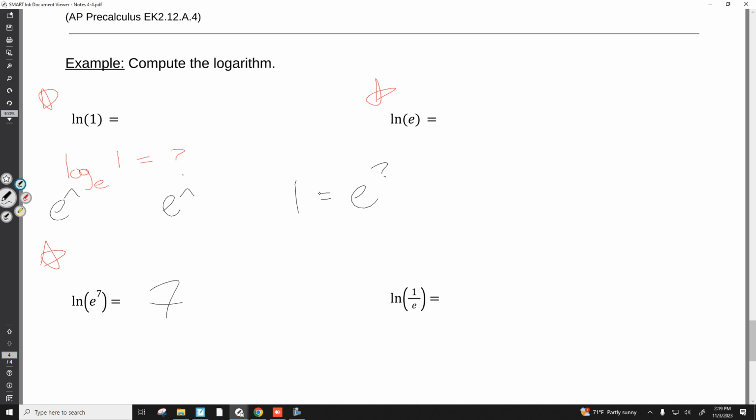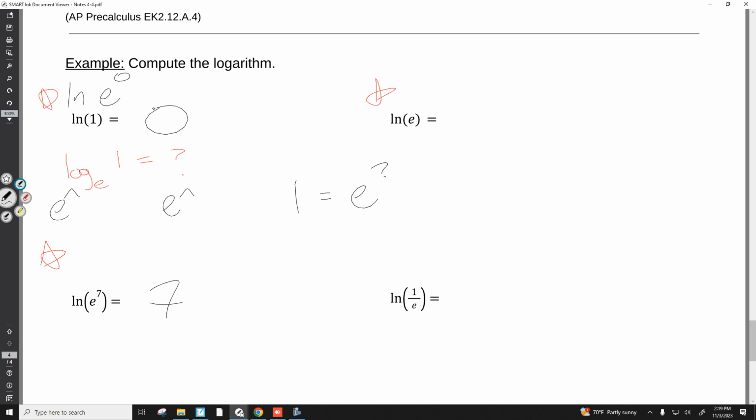If you're not sure, you can rewrite the statement using the inverse. e to what power is 1? Or you can rewrite 1 as e to the 0 to know that the natural log of 1 is 0.